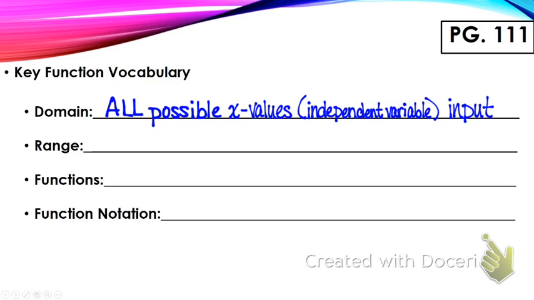Domain and range have a unique relationship. Let's see if we can use what we wrote down for domain to talk about what the range is. If the domain is all possible x's, the range is all possible y's.